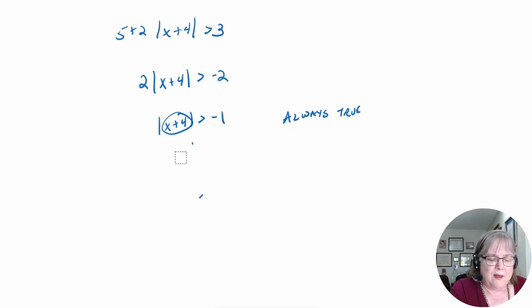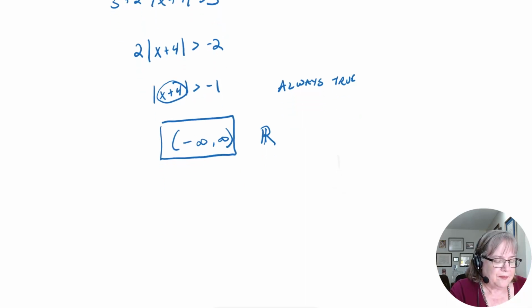And so any number will be fine. So this is all real numbers. And the way you show all real numbers is negative infinity to infinity. All the numbers are good. Some teachers have you make this double lined big R for all real, but this is interval form.